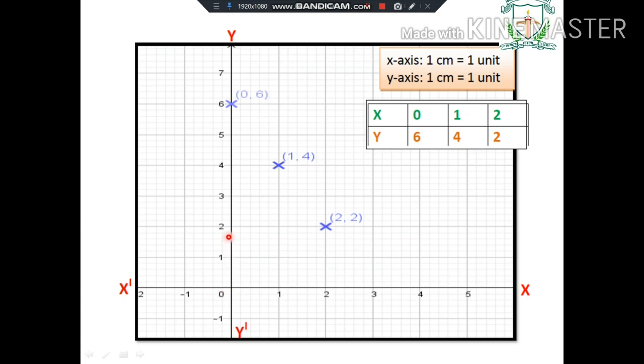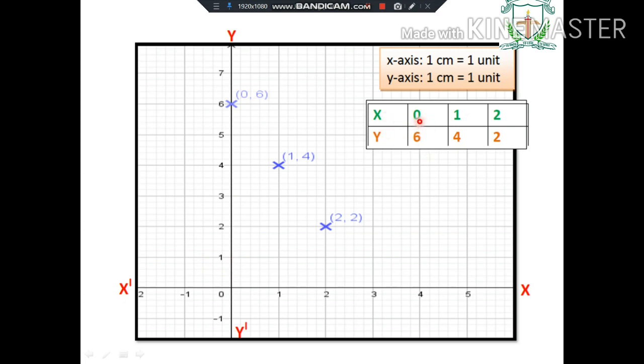So plus 1, plus 2, plus 3, plus 4, plus 5, plus 6, plus 7, etc. above the y-axis. Now from 0, mark on the y dash side minus 1, minus 2, etc. This is how you have to prepare a graph sheet. You have learned it very well. Now on this graph sheet, we shall plot these values.